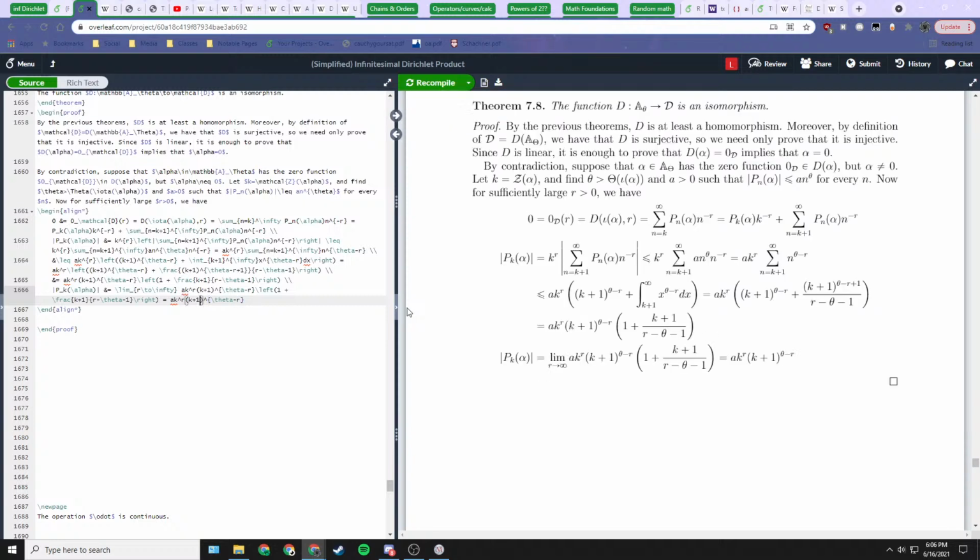And then we have a times (k+1) power of theta times this limit as r goes to infinity. We have k power r times (k+1) power minus r, which is equivalently (k over k+1) power r.